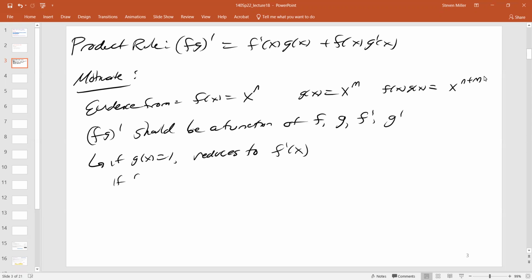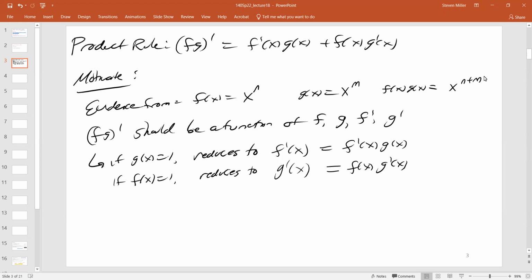And if f of x equals 1, what does it reduce to? g prime of x. So we know at the very least, it has to depend on f prime and g prime. But I could actually write that as f prime of x, g of x, and I could write this as f of x, g prime of x.